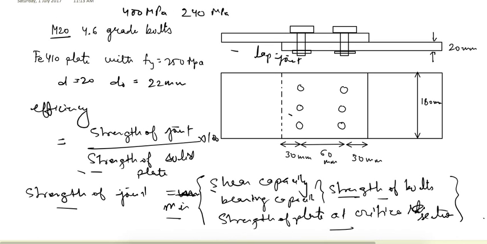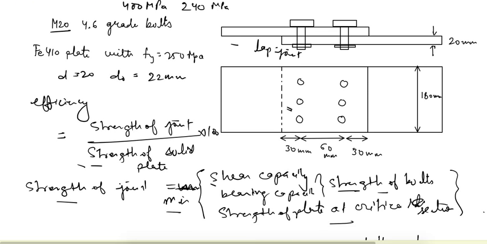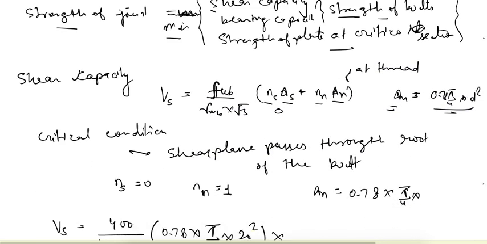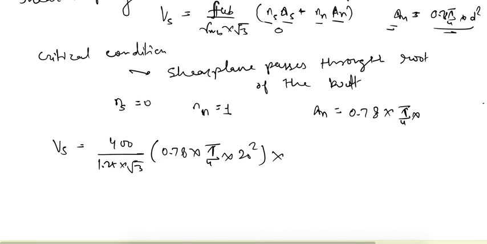We can see that 6 bolts are there, so we will multiply it by 6. It means that all the 6 shear planes have to fail, then only these two plates will get apart. That's why we are using the shear strength of 6 bolts. So from here we get the shear capacity as 271.63 kilonewton.